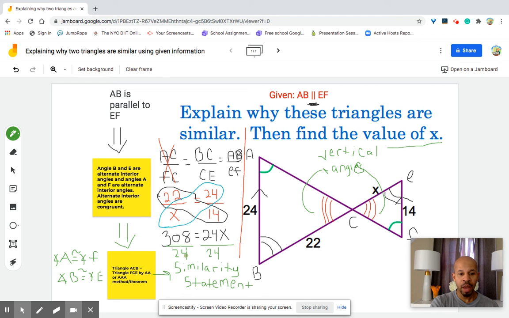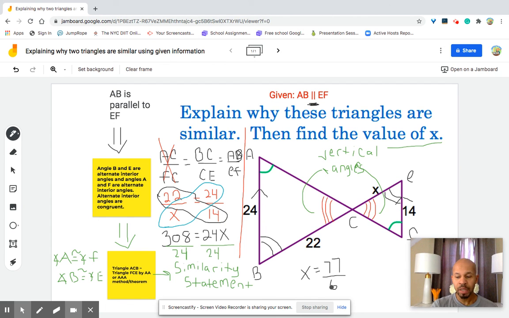And our final answer when we do the math is going to be, now you could write this as a fraction or decimal. They may say to round it to the nearest hundredth or the nearest tenth. In any case, I'm going to put it in different possibilities. So in this case, x is going to be equal to 77 over 6.